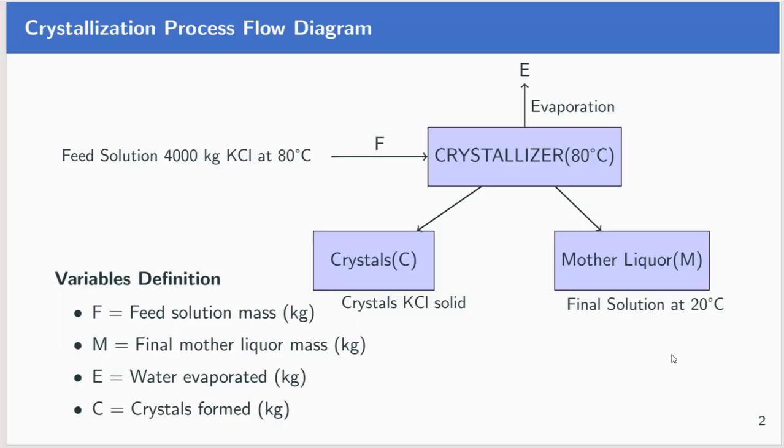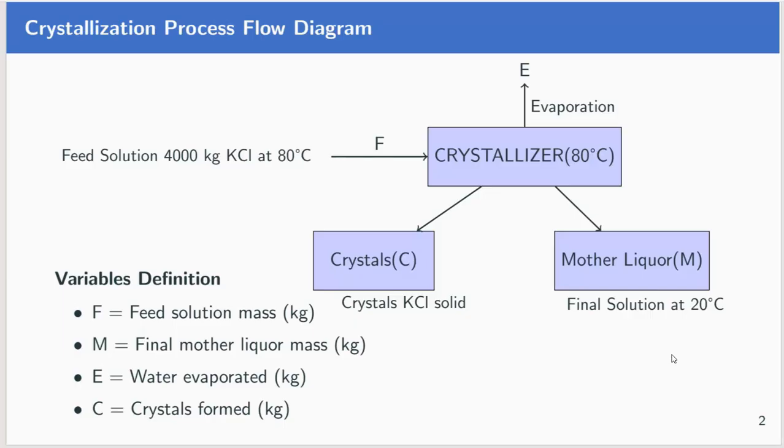We have a crystallizer operating at 80 degrees Celsius. The feed stream F contains our initial solution with 4000 kg of KCl. From the crystallizer, we get two output streams. One is crystal C, which is solid KCl, and mother liquor M, which is the final solution at 20 degrees.